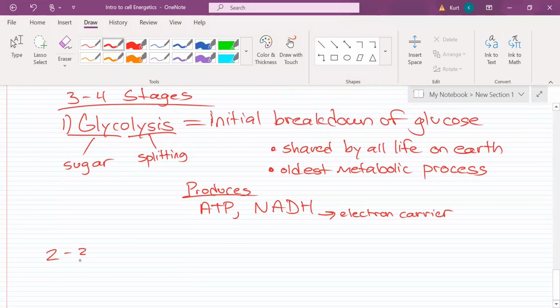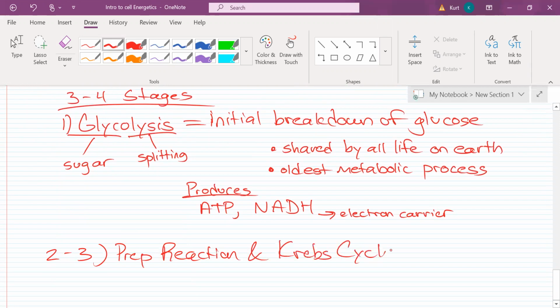Steps 2 and 3 are the prep reaction and the Krebs cycle. The Krebs cycle is also called the citric acid cycle. Same thing. So I don't want you to say cell respiration has the Krebs cycle and the citric acid cycle. They're the same thing. You can't have both.